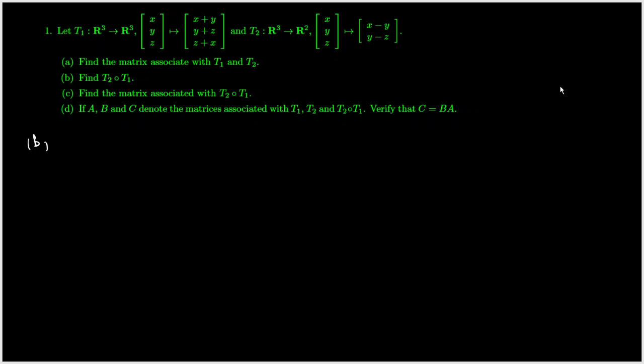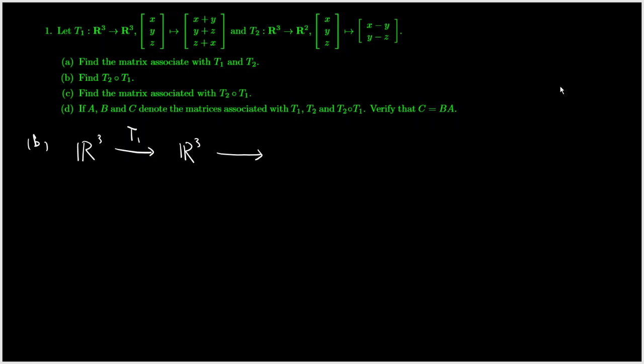So now let's say T1 is from R3 to R3. It's more intuitive to use the chain stuff. T1 is from R3 to R3, and then you make a chain. Composition is essentially a chain, right?